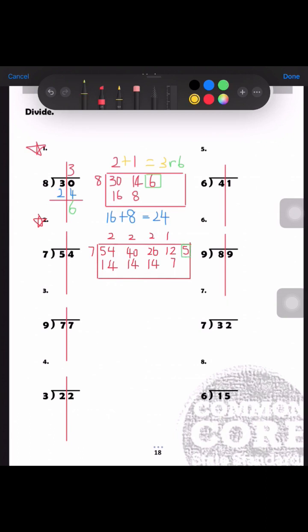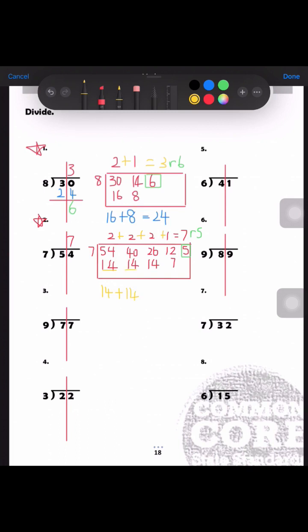So we just need to add the numbers on top together. 2 plus 2 plus 2 plus 1. And the answer is 7. The remainder is 5. Okay, so if we do the long division, we know that we can get 7 groups of 7 from 54.